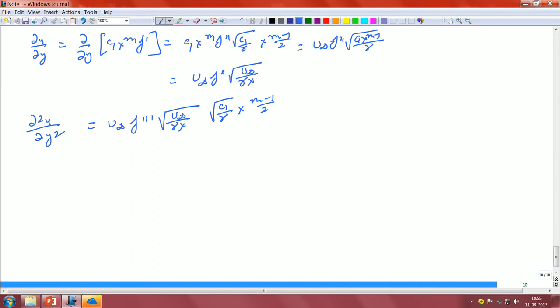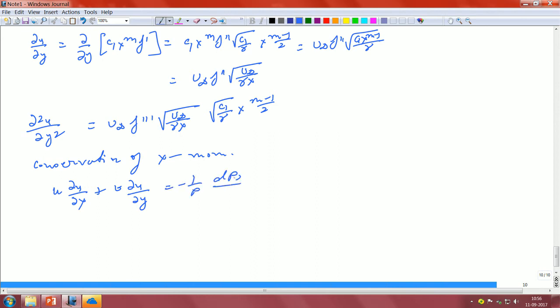Okay. Now, we feed all this information to the conservation of x momentum, which is basically u du dx plus v du dy, sorry, okay.